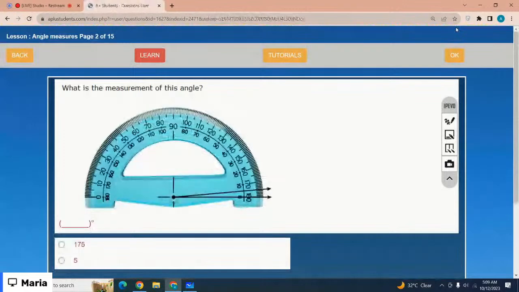When you are measuring the angle, make sure one of the lines is lined up with 0, right? So this one is lined up with 0. So the angle is 5 degrees, right? The angle is 5 degrees.